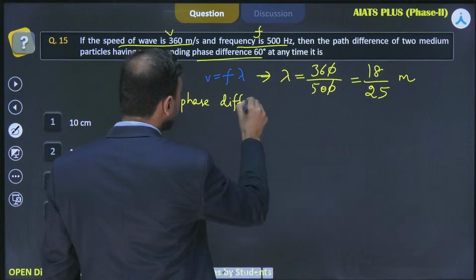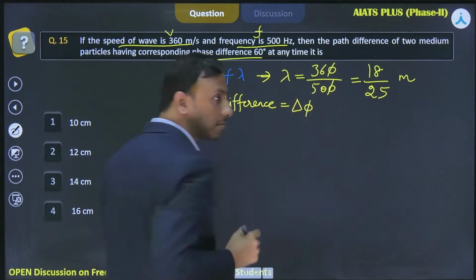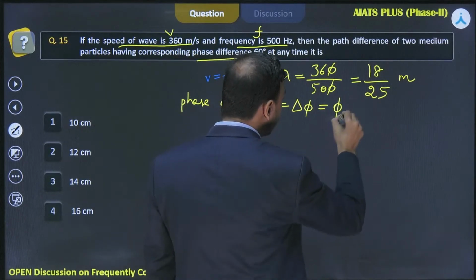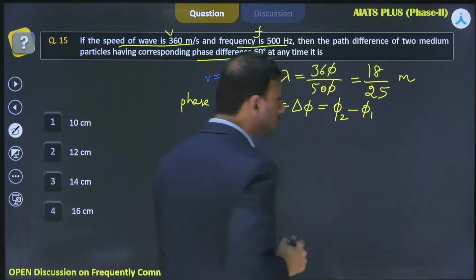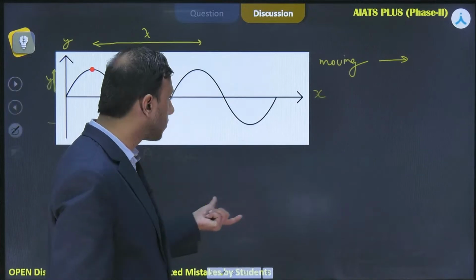So the phase difference will be delta phi, so I can write it like this, phi 2 minus phi 1. And phi was this, omega t minus kx, isn't it?